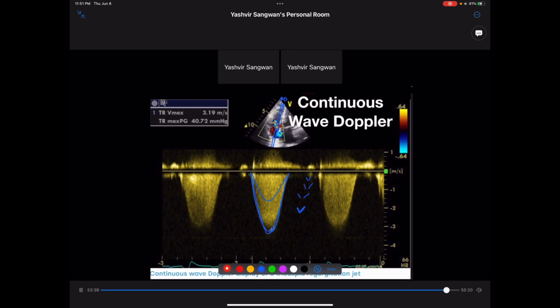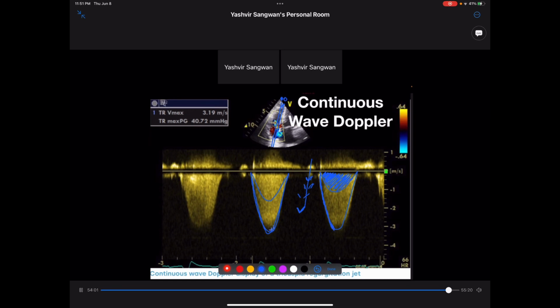Same thing, because it is looking at all the velocities. Again, the stenotic valve will have a higher velocity and the open valve will have a lower velocity. You can see different shading, but you are basically looking at the highest velocity in that line.